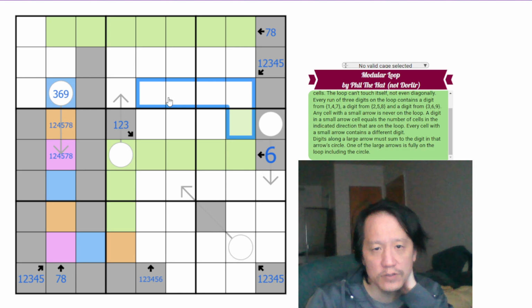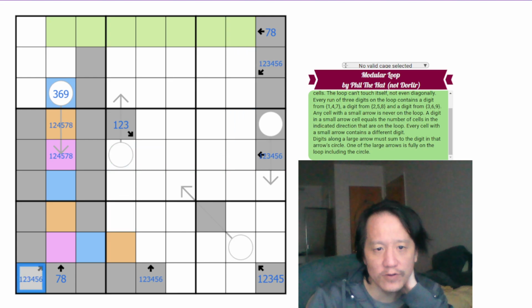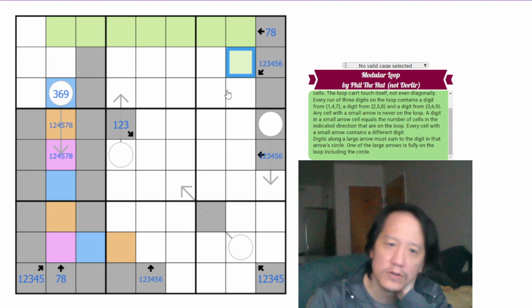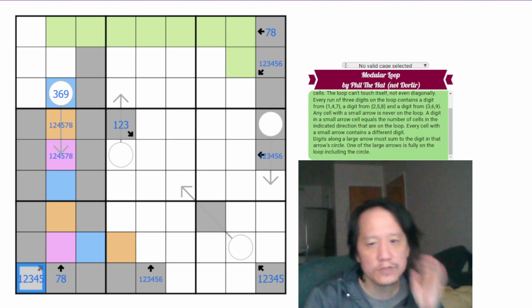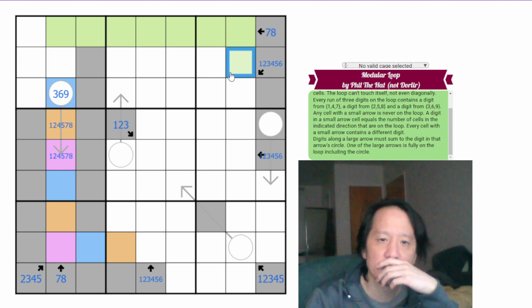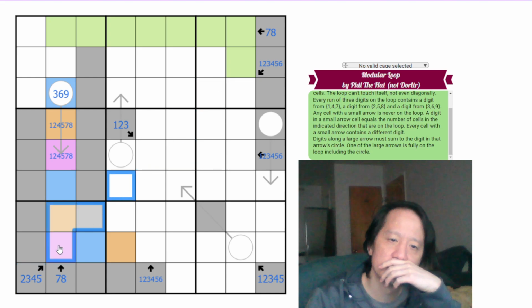This must enter this way. Actually, that's very important information. This has to be here, which means this is at least 2. So this cannot be 1 on this diagonal, because we see that one and that one, that's 2.